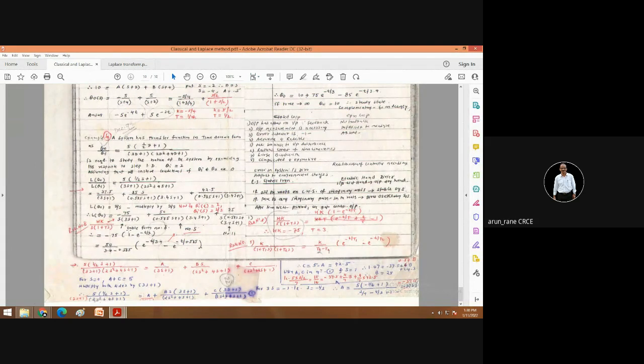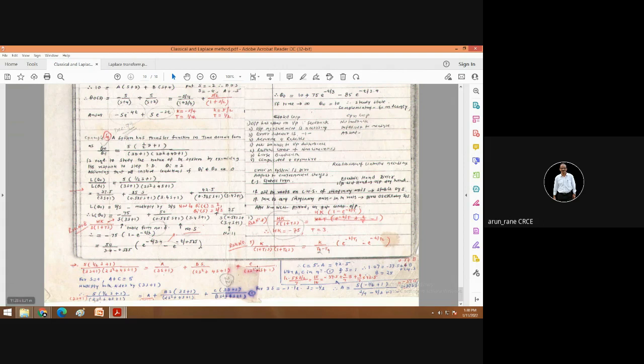So for each one you write, for this it is this, for this it is this, and again for this it is this. Here I have shown how to get these values by partial fractions.